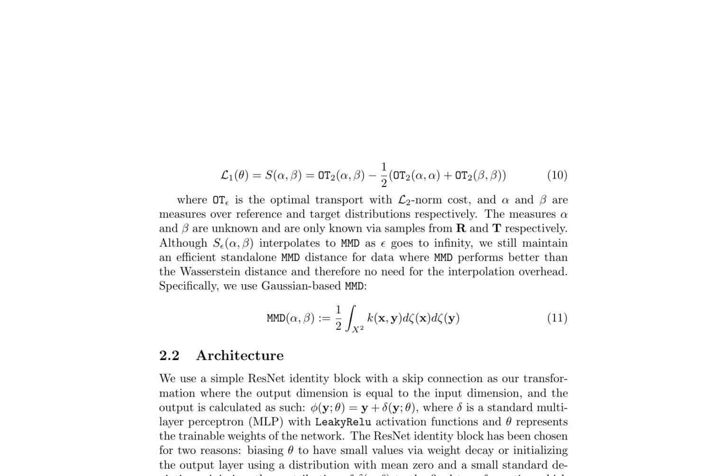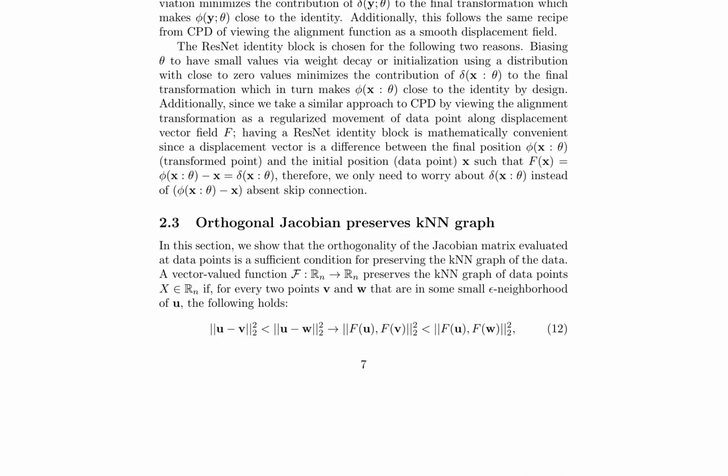This choice of architecture ensures that the alignment function can be viewed as a smooth displacement field, following the recipe from the Coherent Point Drift, CPD, method. Preserving the nearest neighbors, kNN-Graph of data points is crucial in the transformation process.